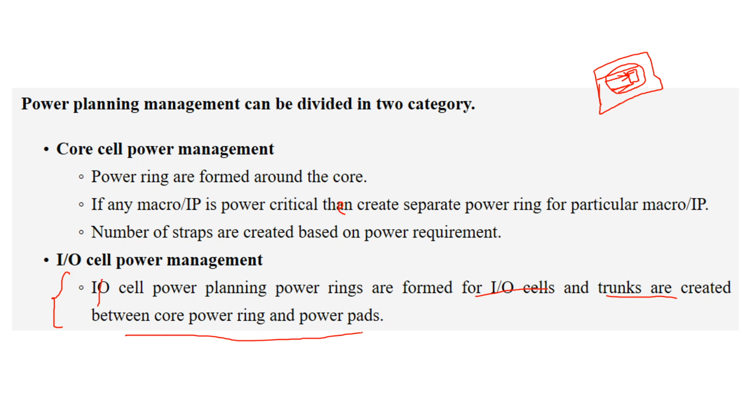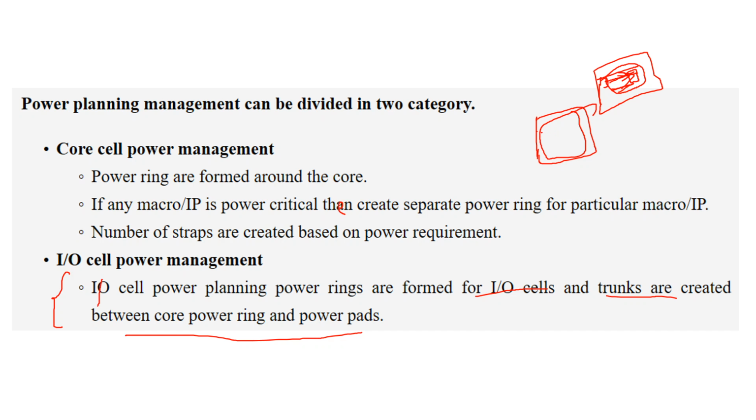So this is what input cell power management is. If there are any input output cells, power from here should be given to the core cells, and the trunks are created between the core and this ring that is created for your power distribution.